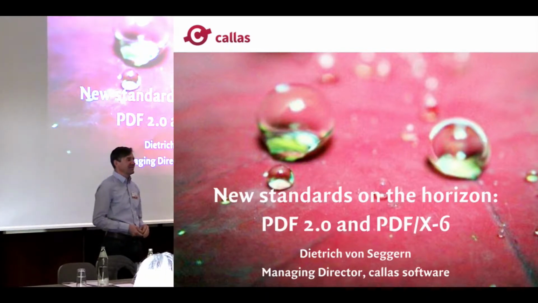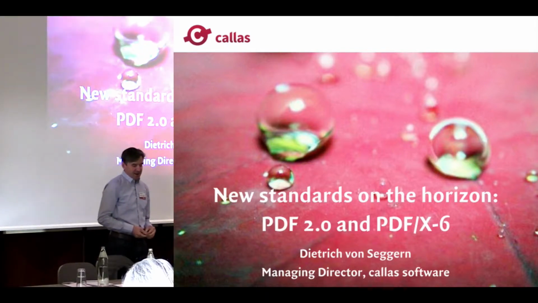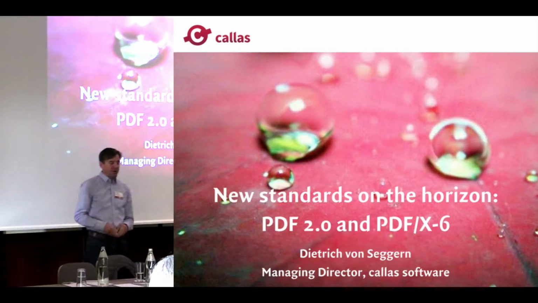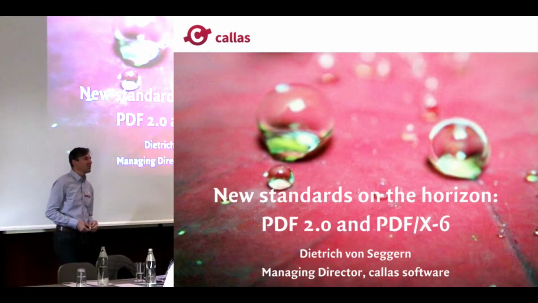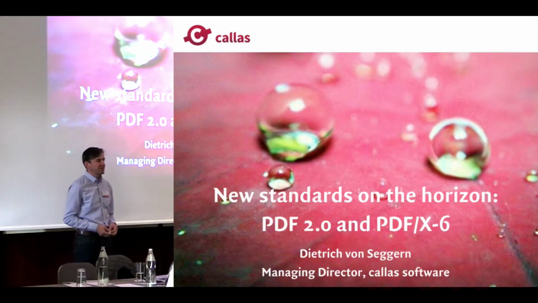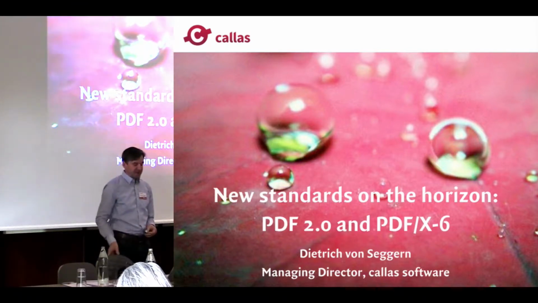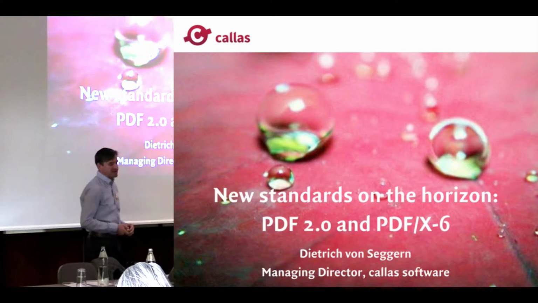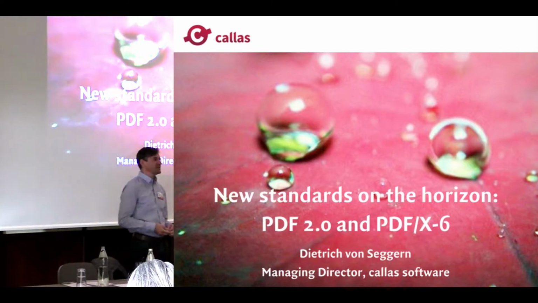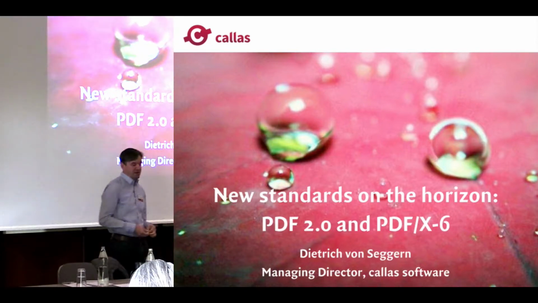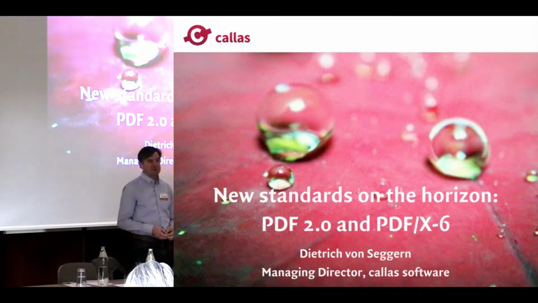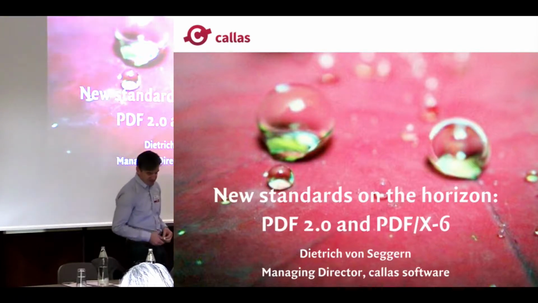In this session, I try to talk about pdfToolbox, which is kind of the next future of PDF. And so a new ISO standard, as I already mentioned yesterday, a new PDF ISO standard that has recently been published, and also about PDF X-6.